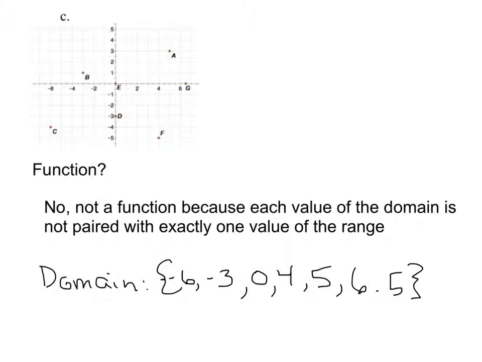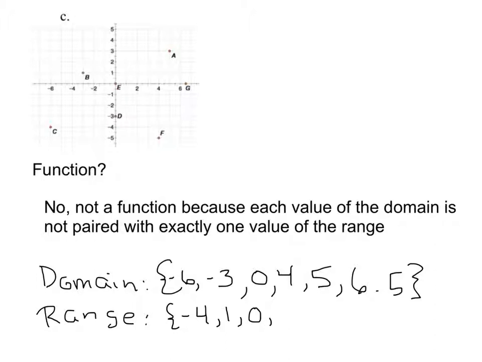And then we need to talk about the range. So we want to talk about all of the y values. We're going to do the same type of thing. We just are writing the y values down. So for C, we see that the value is -4. For B, we see that the y value is 1. For E, we see that the y value is 0.